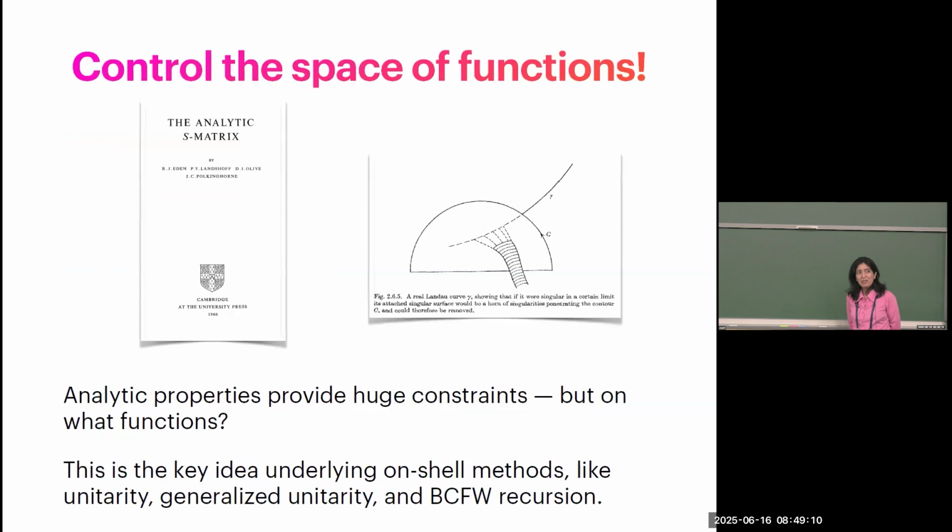What it all comes down to, though, and what we do as amplitudes practitioners, is that all these techniques rely on controlling the space of functions. I've talked about some early history, but there's some even earlier history. The roots of our community, in a way, go back to the whole program of the analytic S-matrix from the 1960s.